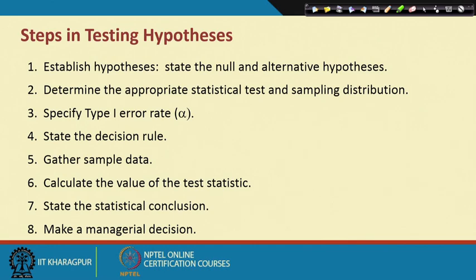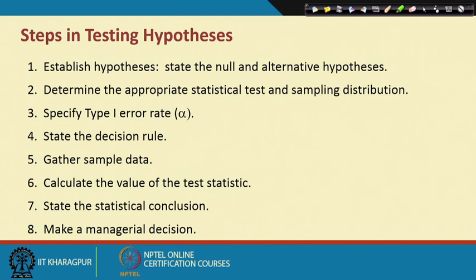Then in the fourth step we have to call for a decision, and then in the fifth step we gather the sample data, and on the basis of the sample data in step 6 we calculate the test statistic.